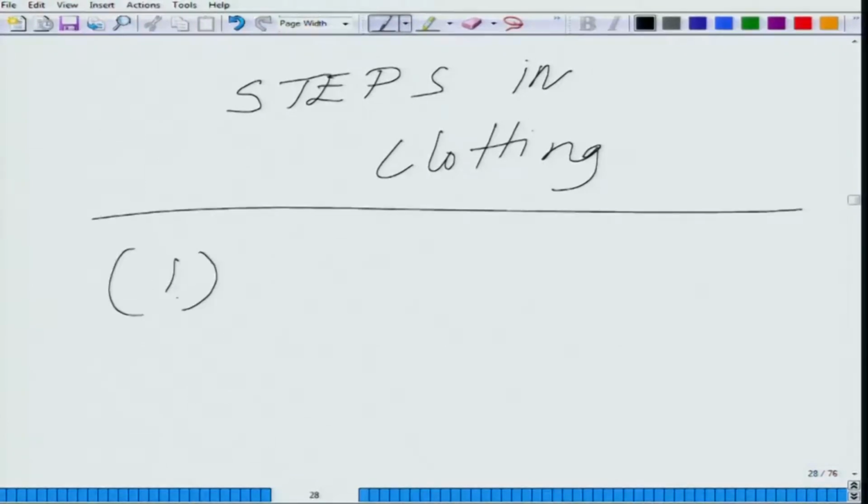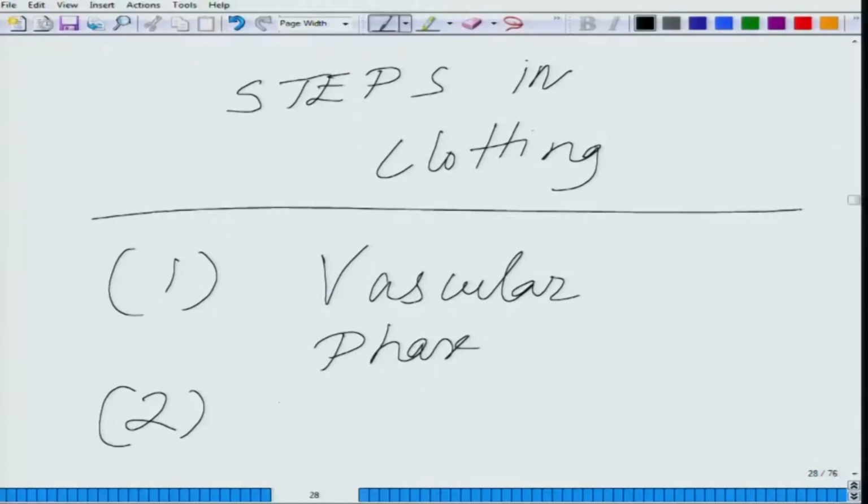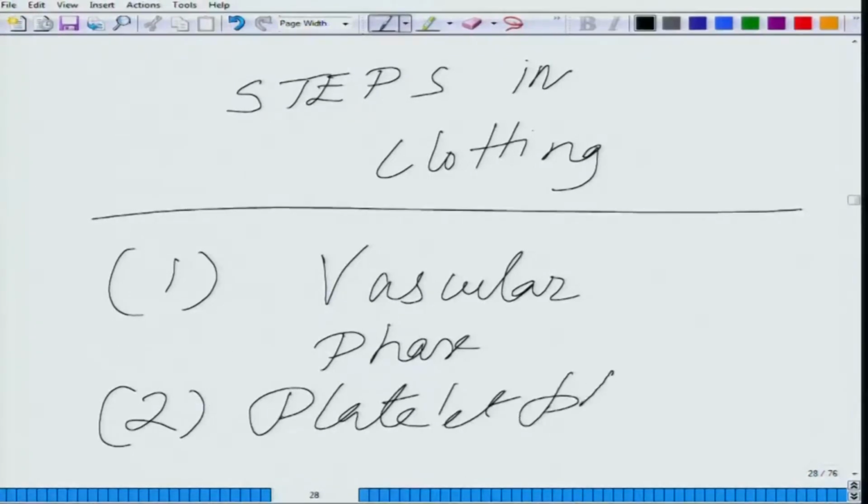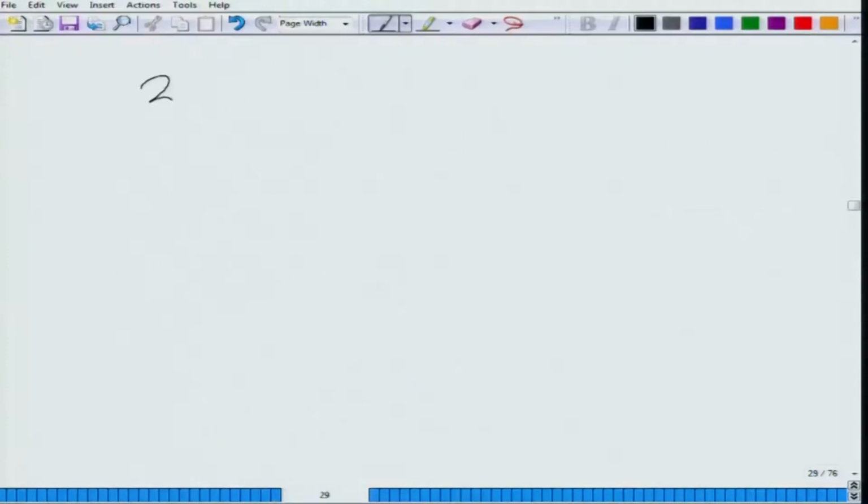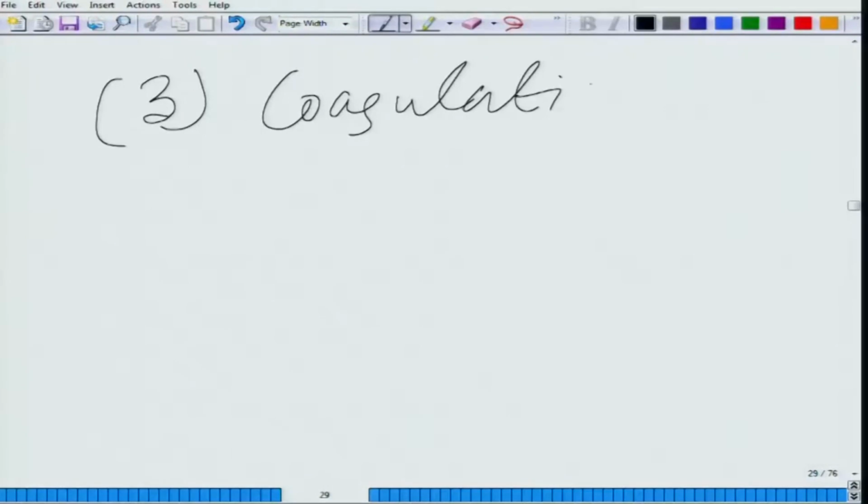Step 1 is called the vascular phase, phase 1. Phase 2 is the platelet phase, and there is a third phase which is called the coagulation phase.